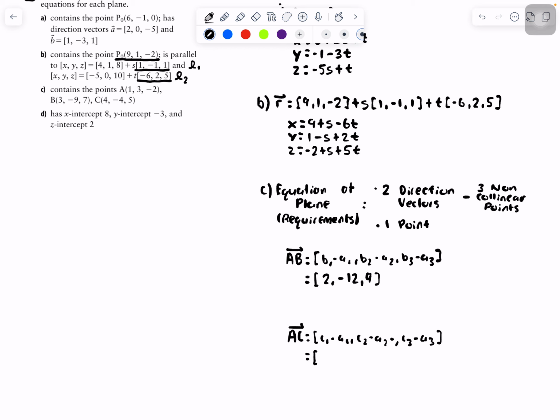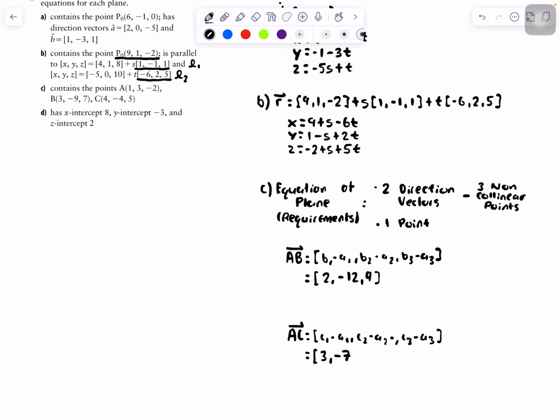C1 minus A1, so that's going to be 4 minus 1, which is 3. Negative 4 minus 3 is negative 7. Negative 2, 5 minus negative 2, 7.